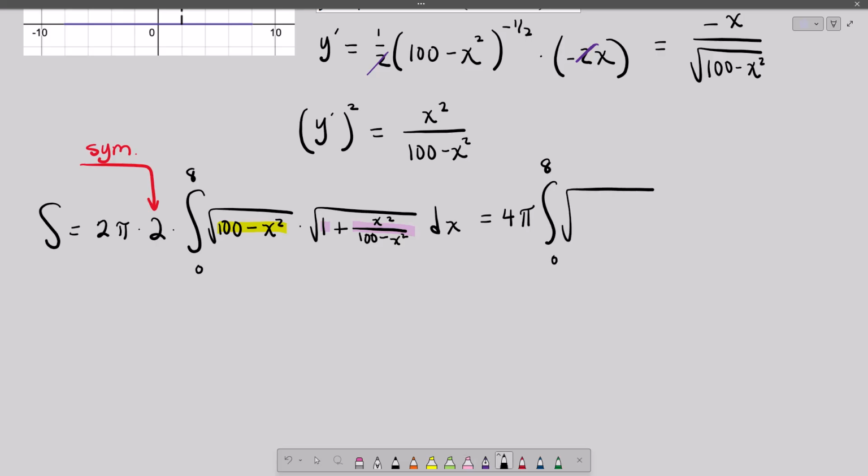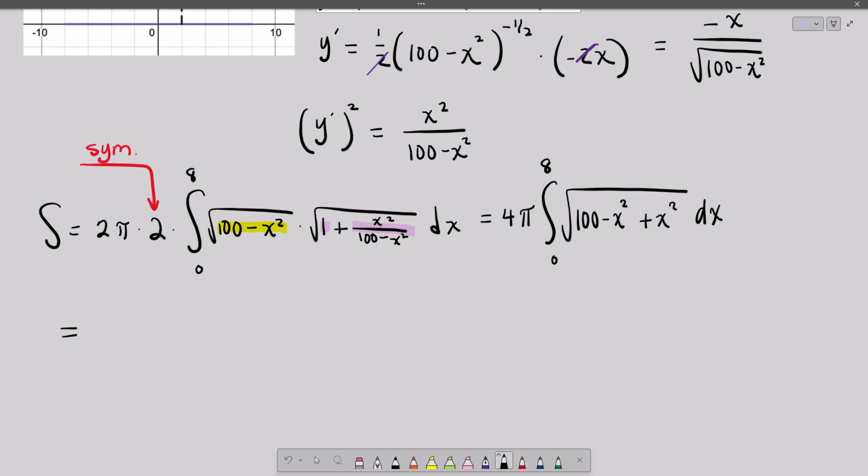When we multiply it by the first term, we have 100 minus x squared. When we multiply it by the second term, we end up with just x squared, because the numerator and the denominator are canceling each other out. All right, those x squareds cancel.